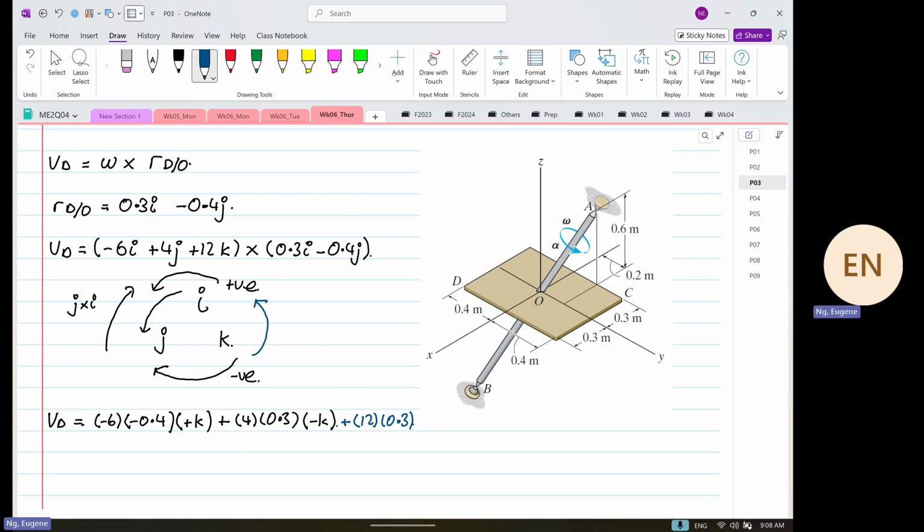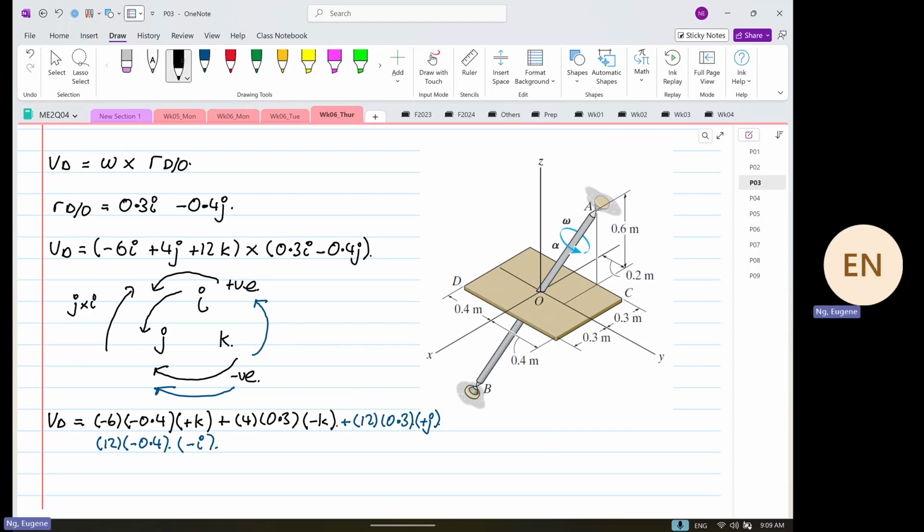Anti-clockwise direction. So it's positive J. And then K cross J, so you get 12 multiplied by the minus 0.4. So K cross J is coming in this direction. Going in this direction is what? Negative I.